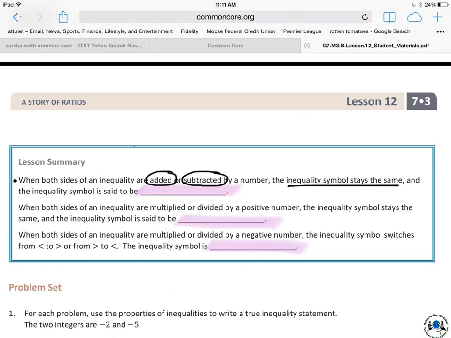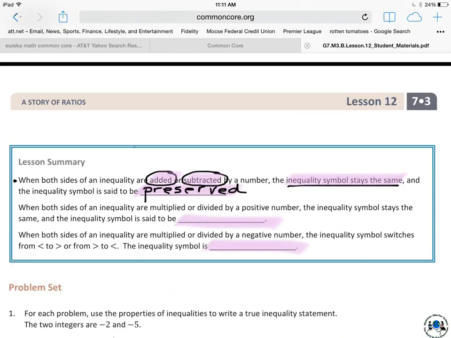And the inequality symbol is said to be, you probably know this already, preserved. If you preserve something, you keep it. Preserved.